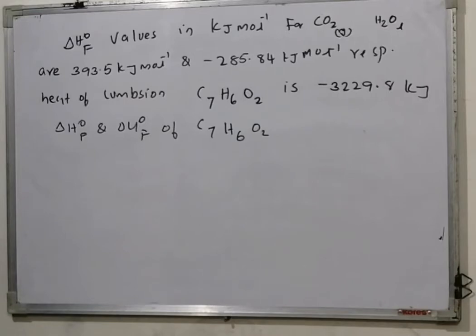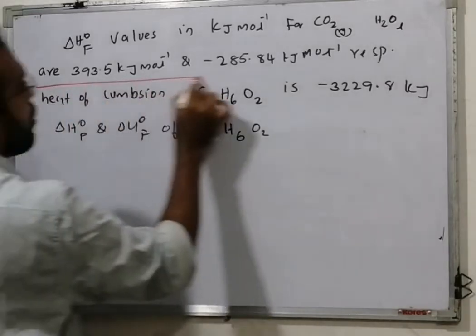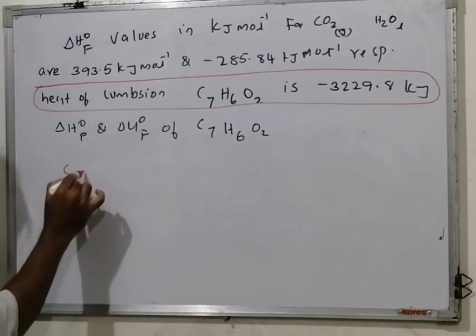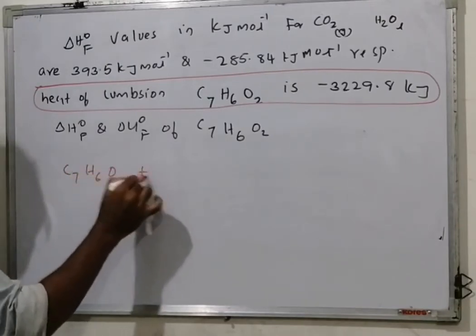Okay. Heat of combustion or enthalpy of combustion of this is given. What is enthalpy of combustion? C7H6O2 1 mole. Take the oxygen.